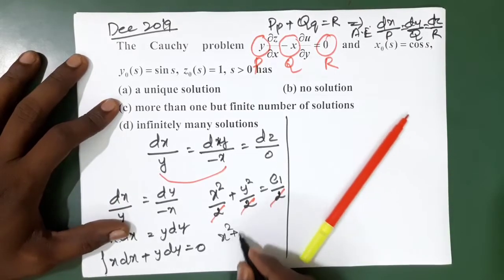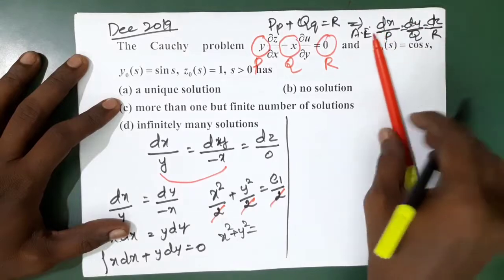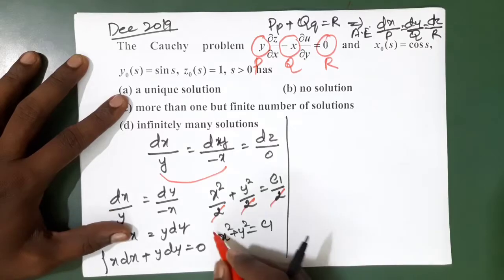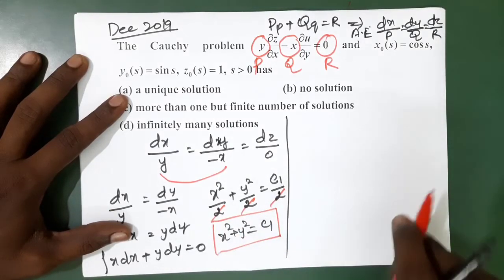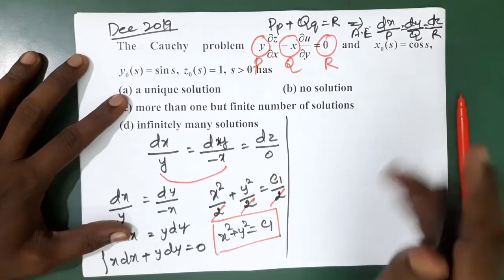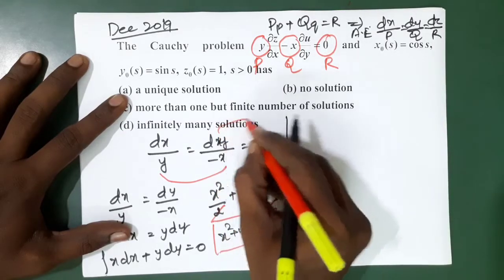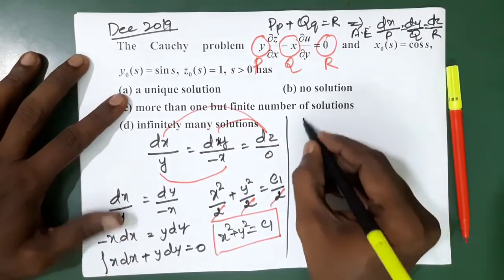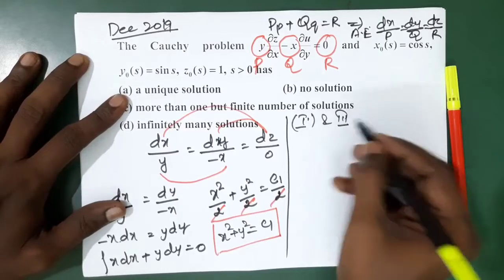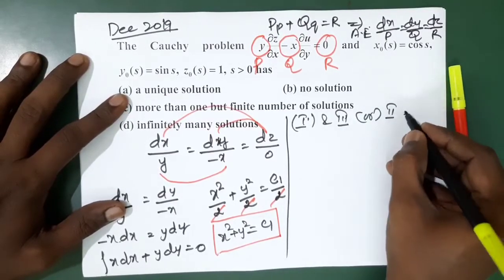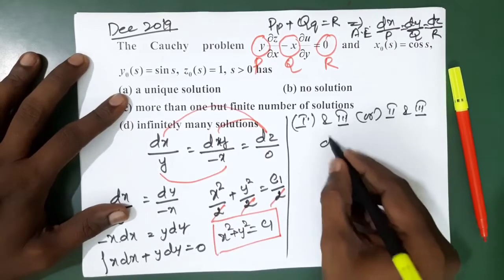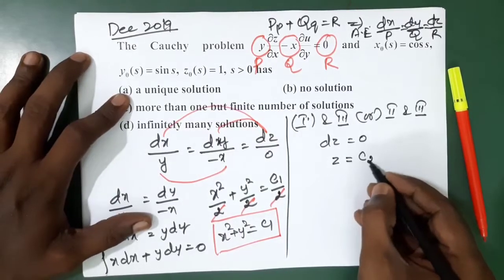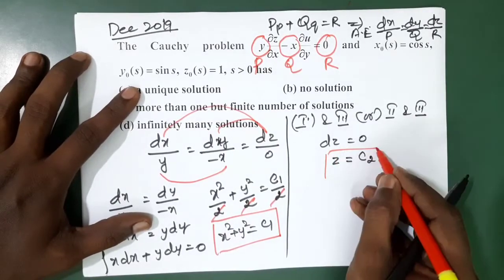So x square plus y square is equal to C1. This is the first solution. Next you can take the second and third, or first and third, whatever, it is the same. With the first and third or second and third terms we have dz is equal to 0, so z is equal to C2.